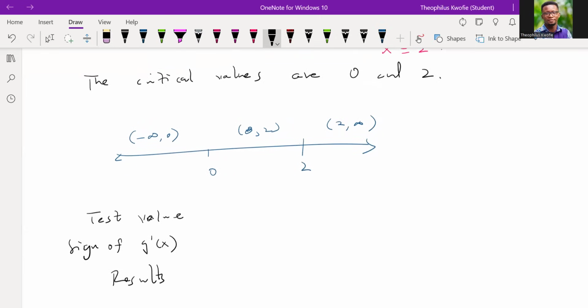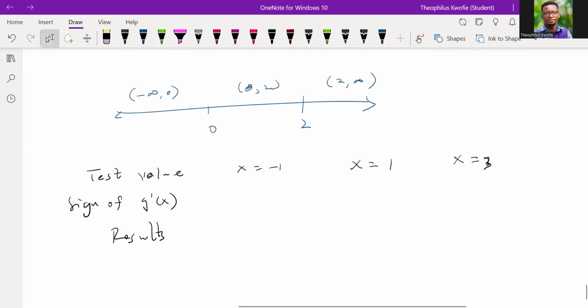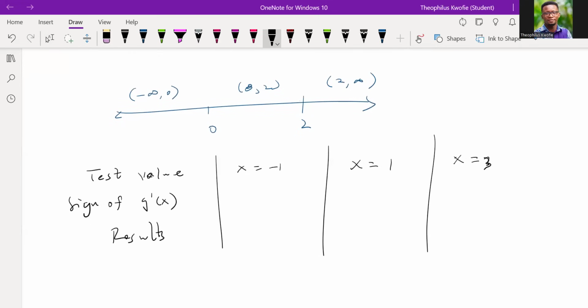Now, within the interval negative infinity to 0, what value do you want to pick? We can pick -1, right? And from 0 to 2, we can pick 1. From 2 to infinity, we can pick maybe 3, right? Let's pick those and see how best we can solve this problem.